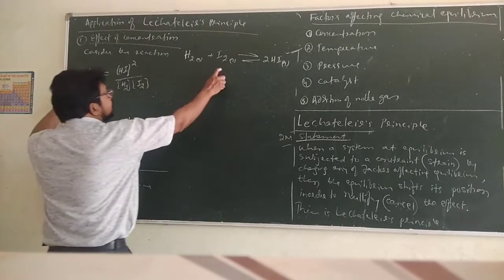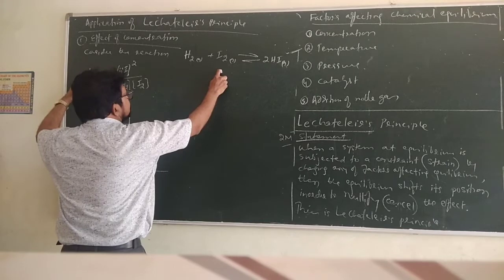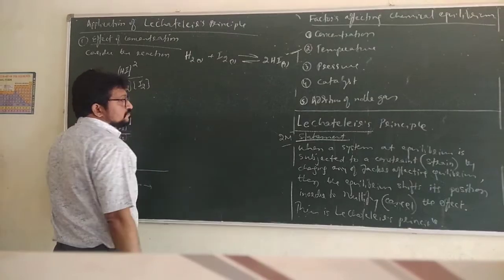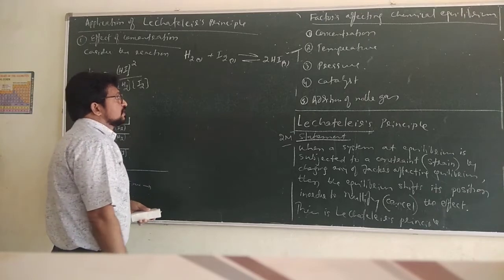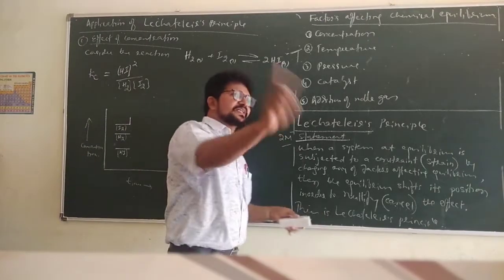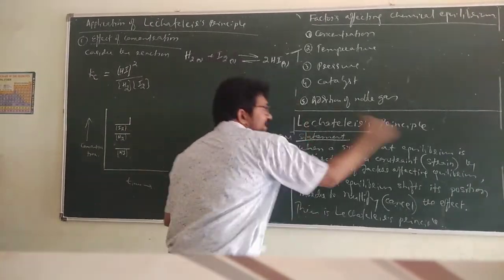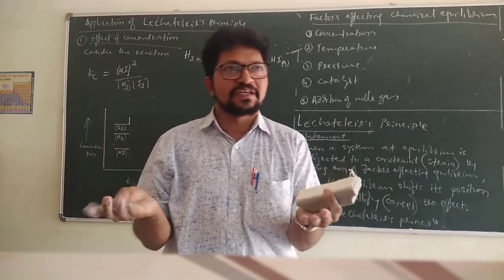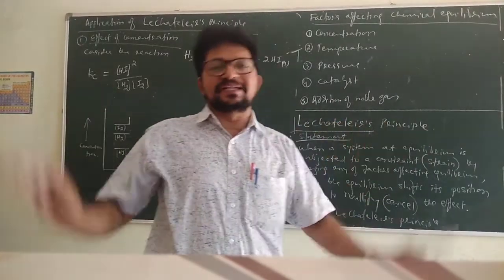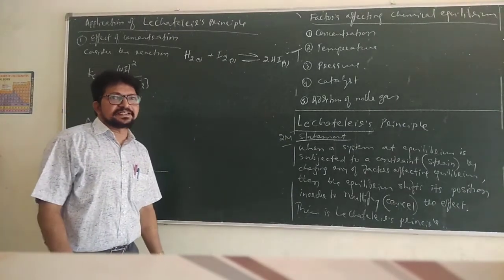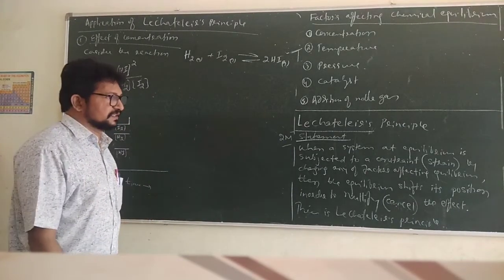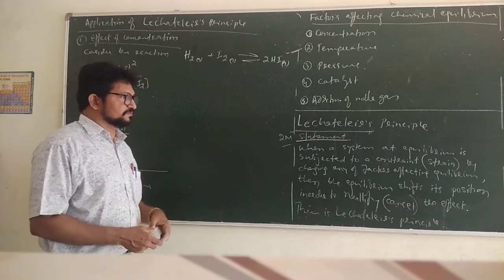Because you have added iodine, it has to decrease iodine. If you add hydrogen, it has to decrease hydrogen. If you add HI, it has to decrease HI. If you remove HI, it has to increase HI. So, equilibrium is very obedient. It is not a counterattack. It is doing a favor.